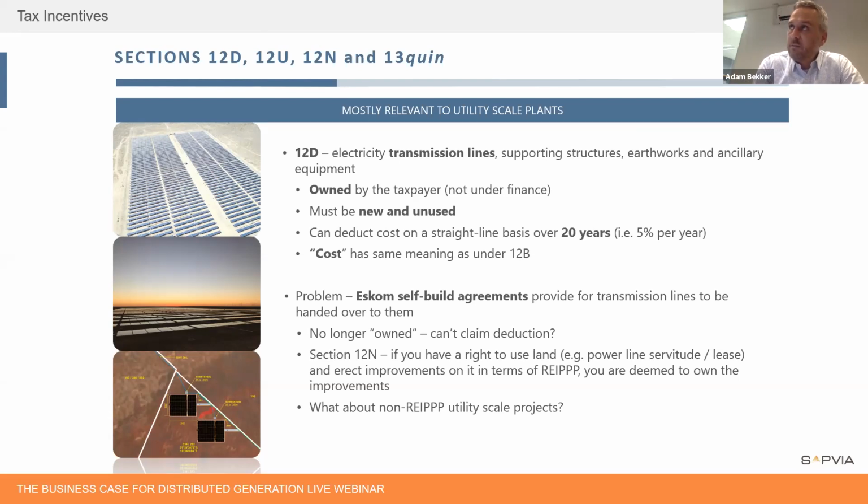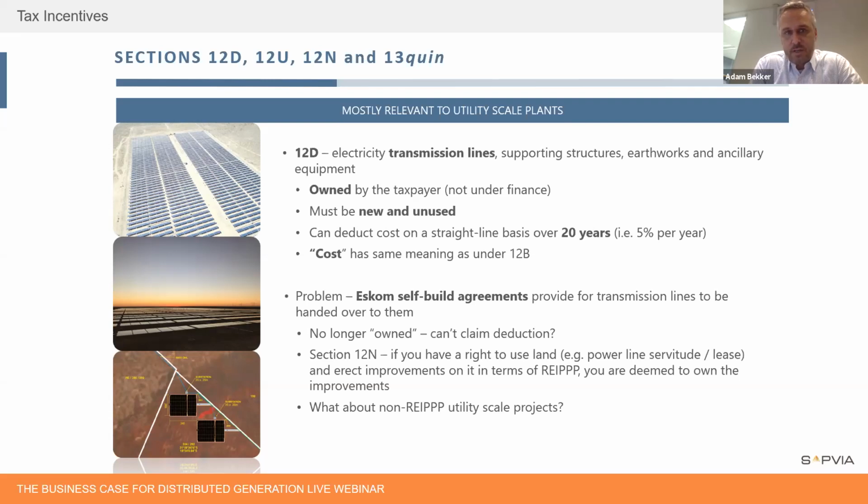Now, particularly, for example, in electricity transmission lines, if you apply to Eskom for a cost estimate letter or for a connection and you choose the self-build option, what actually happens is that you hand over the transmission lines at the end of the day to Eskom, which would mean that from that date onwards, you wouldn't be able to claim the deduction that you would otherwise have been entitled to.